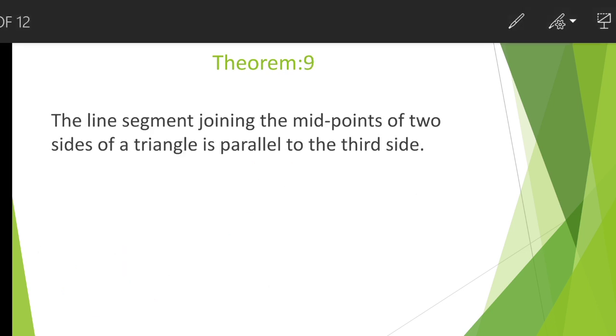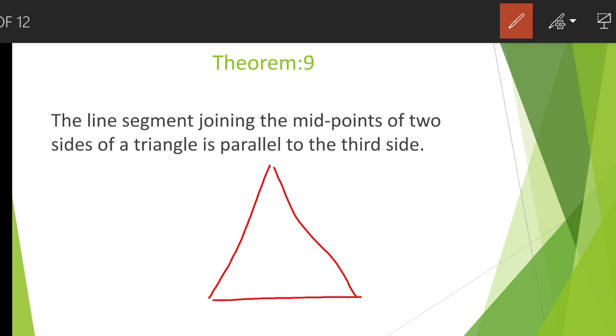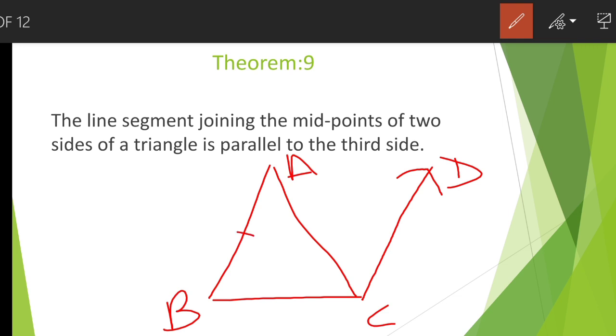Now theorem 9 says the line segment joining the midpoints of two sides of a triangle is parallel to the third side. Let us consider a triangle ABC. The points E and F are the midpoints of AB and AC respectively.